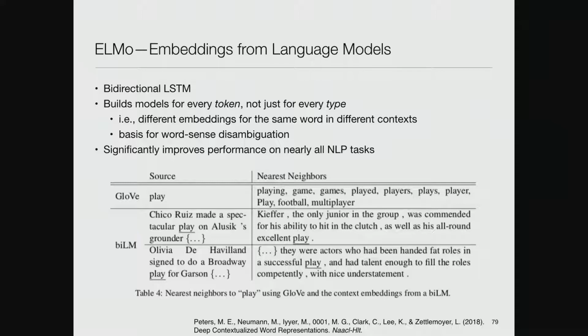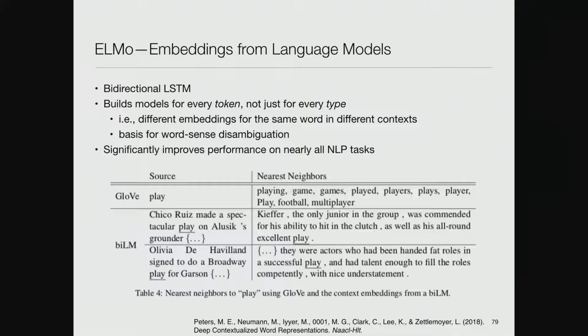So this is just an example. If you look at the word play in GloVe, which is a slightly more sophisticated variant of the Word2Vec approach, you get playing, game, games, played, players, plays, player, play football, multiplayer. This all seems to be about games, because probably from the literature that they got this from, that's the most common usage of the word play. Whereas using this bidirectional language model, they can separate out something like "Kiefer, the only junior in the group, was commended for his ability to hit in the clutch as well as his all-around excellent play."